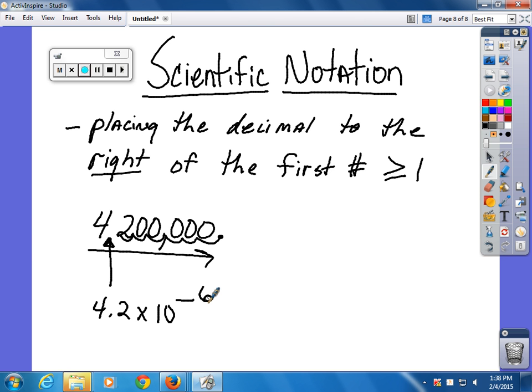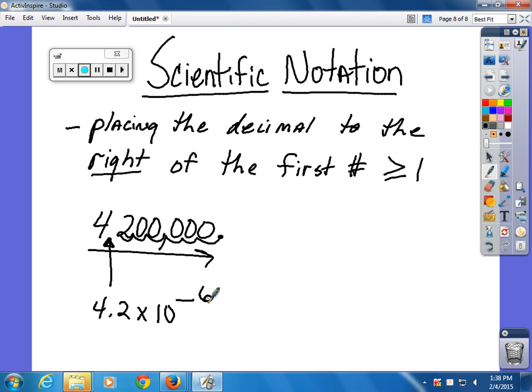Y'all will get the sign mixed up. Not on these, but when we do the problems like 15 times 10 to the 4th times 3 times 10 to the 5th, that's where you're going to get them wrong. Okay, so just bear with me.